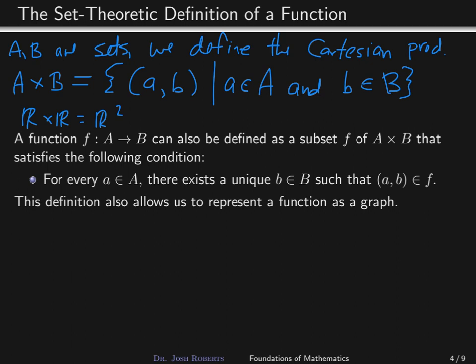We could have arbitrary sets, and we could represent the horizontal axis with an A, the vertical axis with a B, and then AB gives us the ordered pair AB, and now that is an element of my function f. As long as it passes the vertical line test, basically, as long as for each element of A there is a unique element of B.